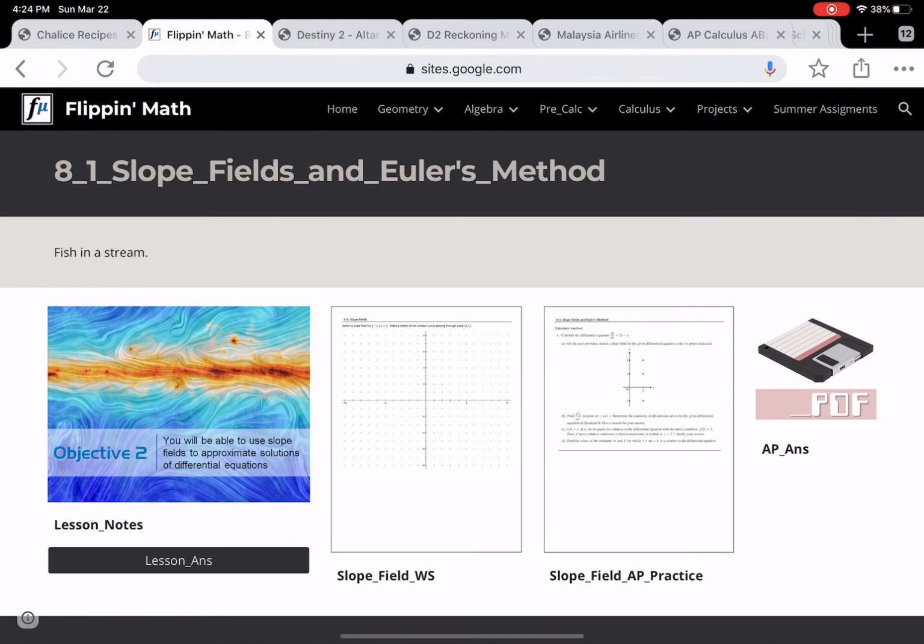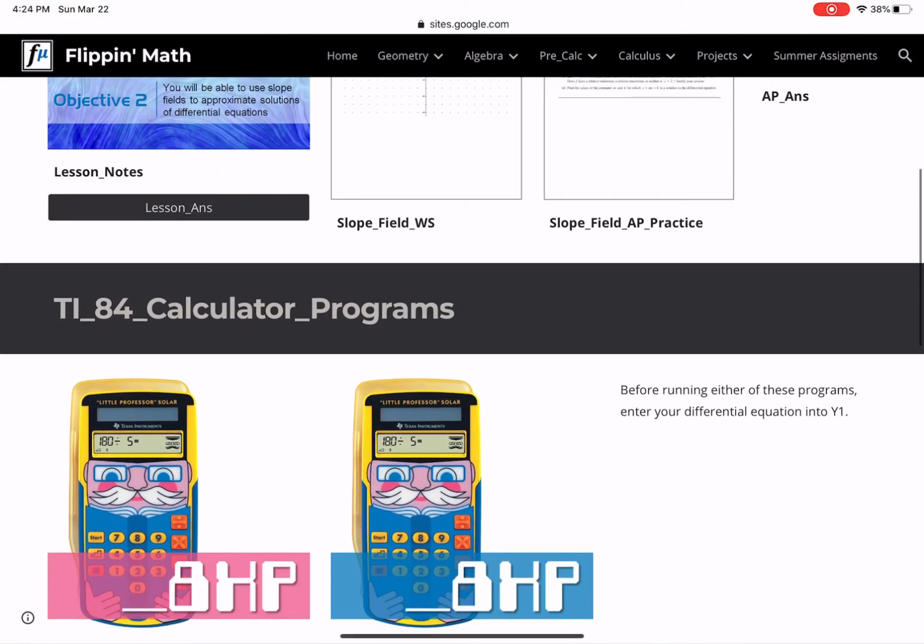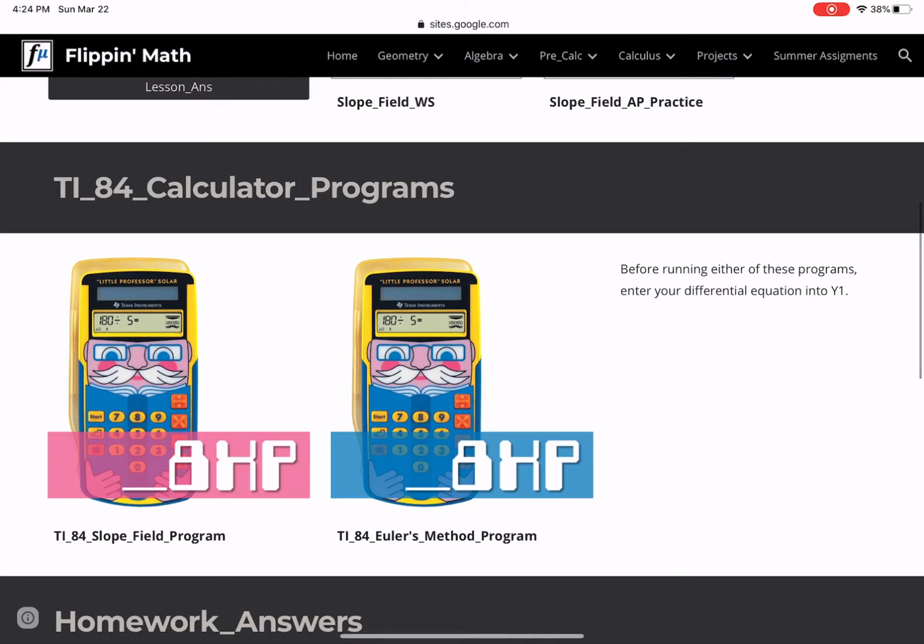Okay, here is part of the homework. There are the usual AP practice problems, and the answers go along with it. Scroll down just a little bit more. If you have your own TI calculator, you can download these programs, not directly to your calculator, of course. That'd be weird, because that would be sort of modern. Anyway, you have to download them to your computer and then transfer them to your calculator using a program called TI Connect.